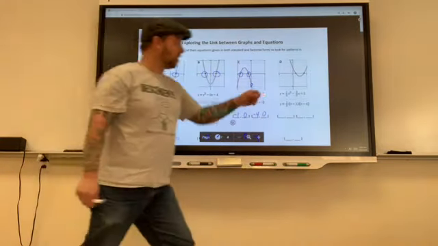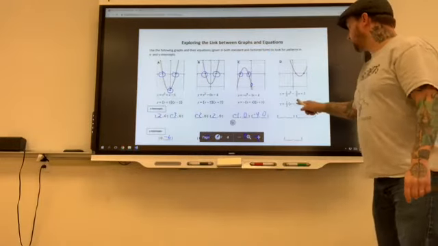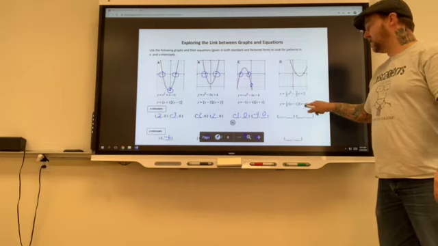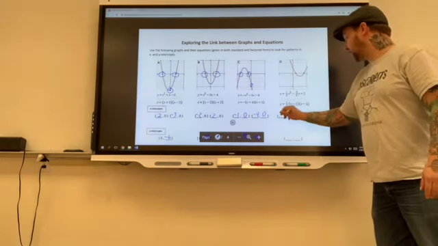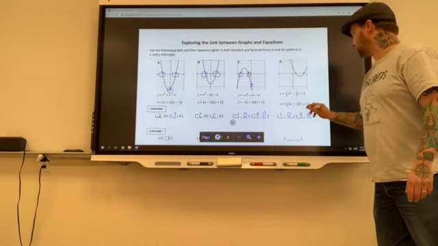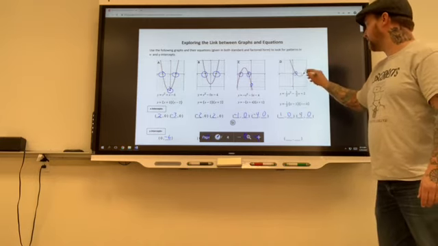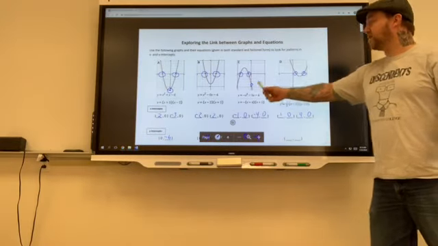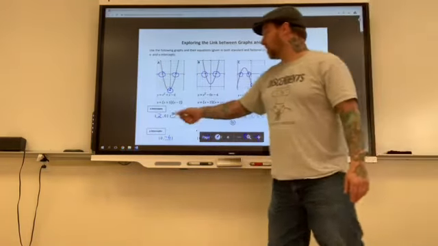Now, let's look over here. What are the x-intercepts going to be? 1 and 4. And let's look, 1 and 4. How about that? That's cool. Now, let's look at the y-intercept.